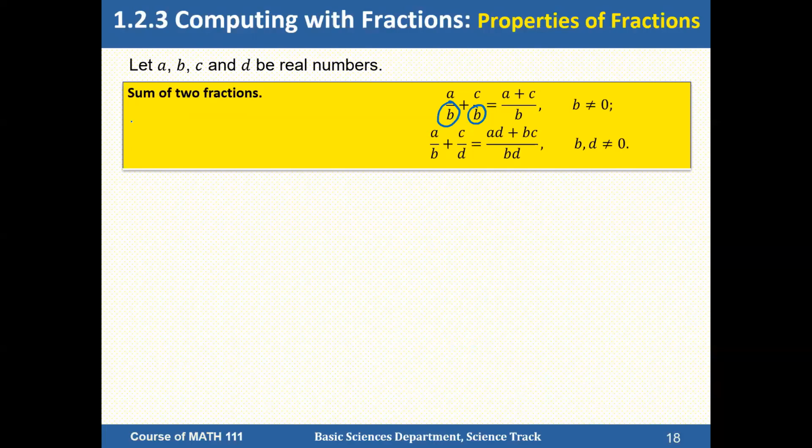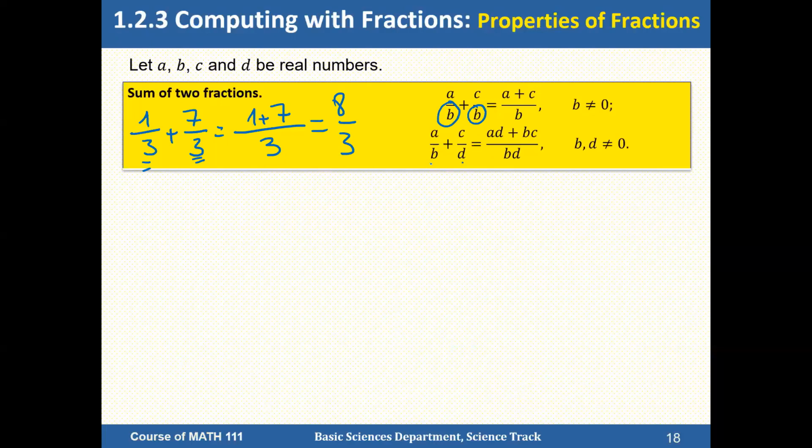Meaning we can add when we have 1 over 3 plus 7 over 3. Here we have the same denominator, we can add, and the result will share the same denominator. On top we add the numerators. We add the numerators and divide by the common denominator.